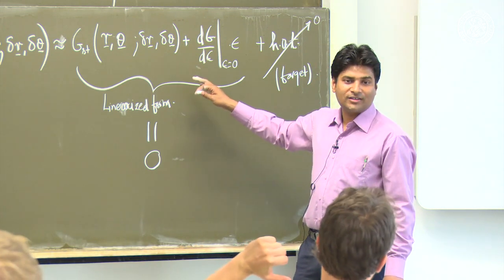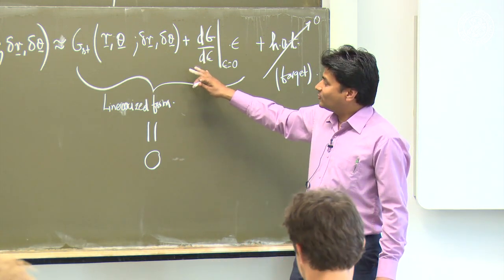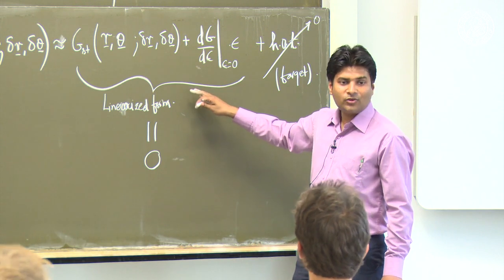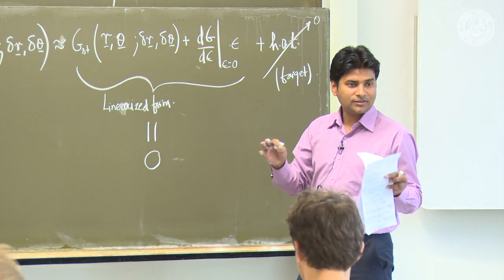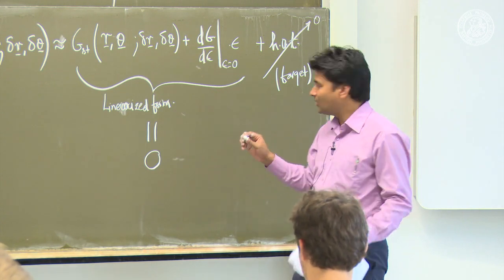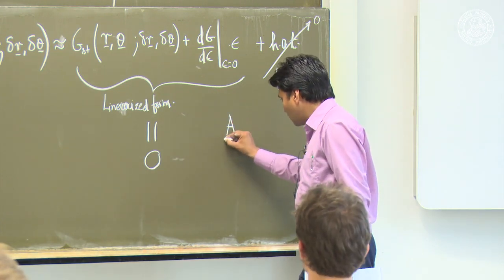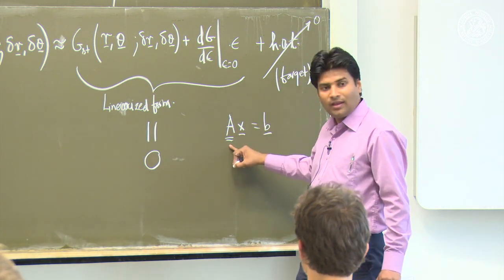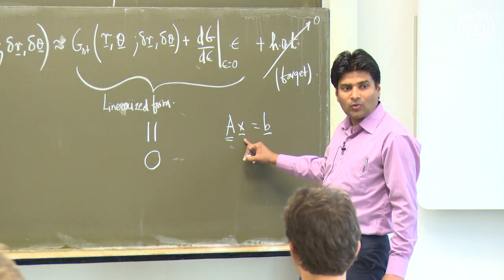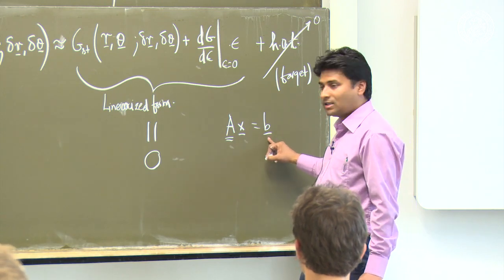See, why we are doing it? Solving linear equations, that we know how to do. Why? Because it's simply a matrix equation, you can invert your matrix. Do you know how to solve this problem? A x equal to b. A is a matrix, x is the unknown, b is another vector.